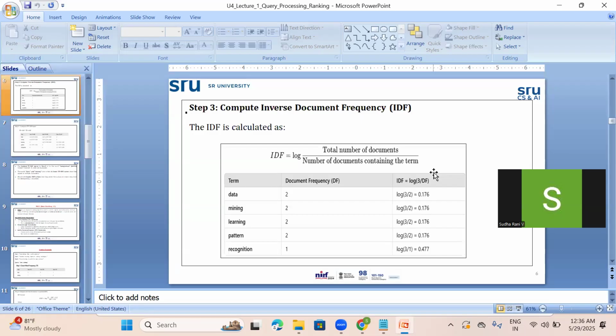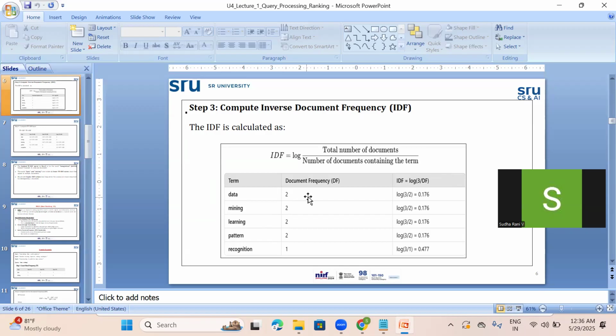Compute inverse document frequency, IDF. Just now we saw the term frequency. Now let us see the inverse document frequency. IDF is calculated as log of the total number of documents divided by the number of documents containing the term. It is somewhat the reverse.